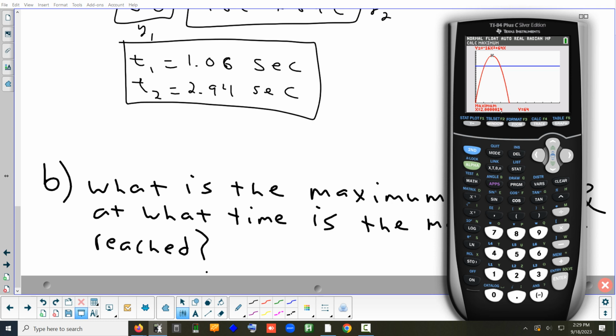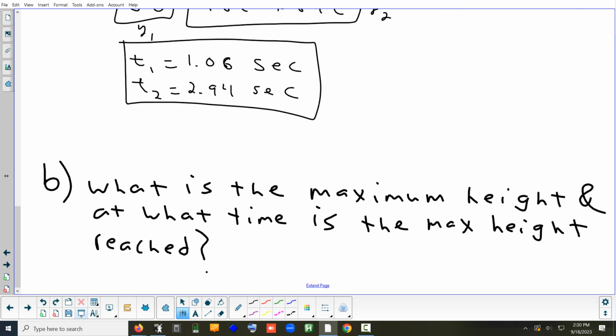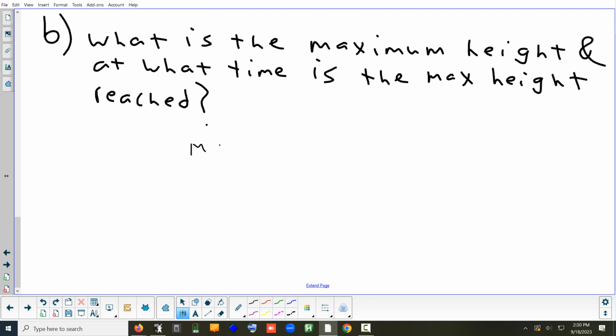So the maximum height occurs at 2 seconds after you throw it. And what is the maximum height? 64. Yep. So max height is 64 feet, and this occurs at 2 seconds.